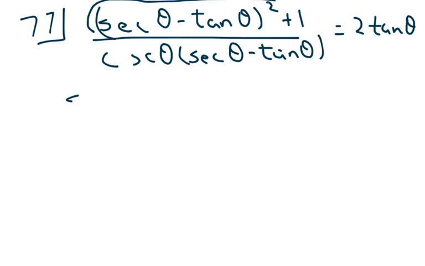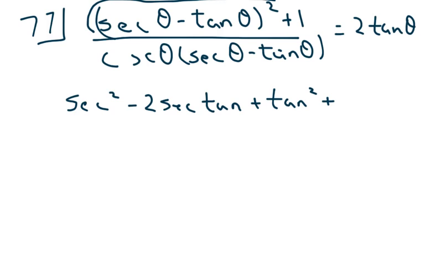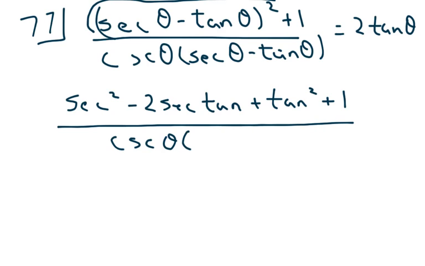And I know this is secant squared minus 2 secant tan, plus tan squared plus 1, all over cosecant theta times secant theta minus tan theta.